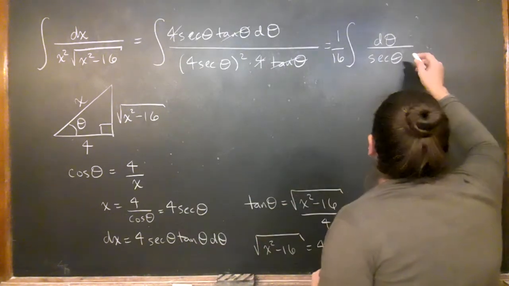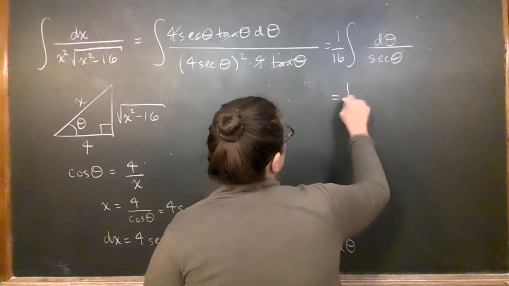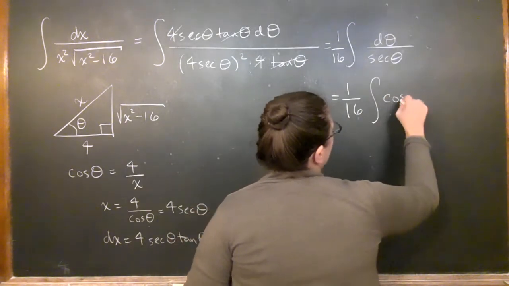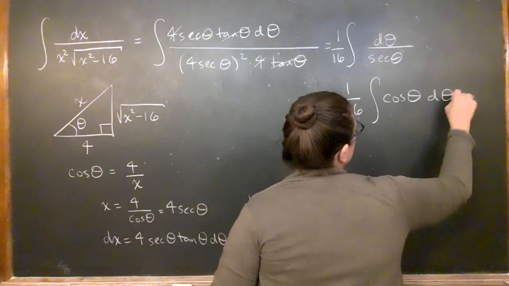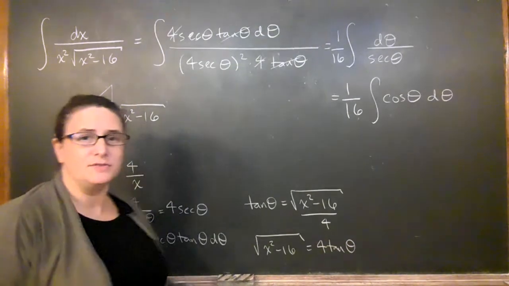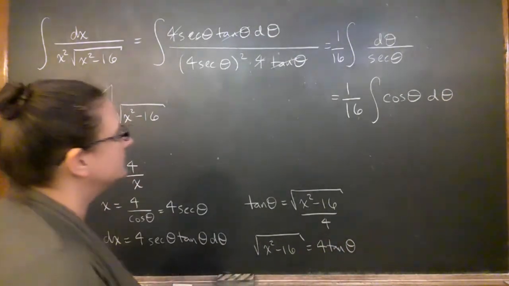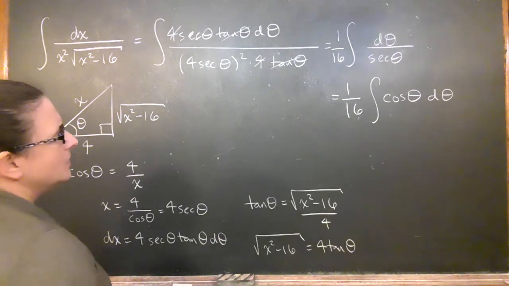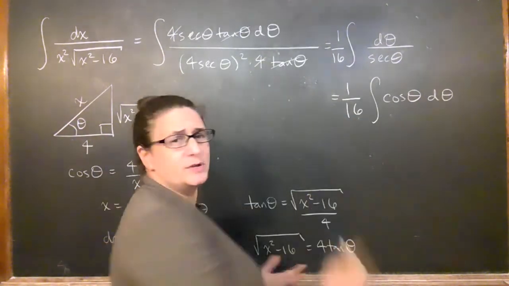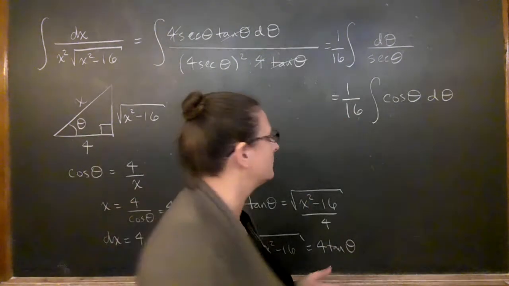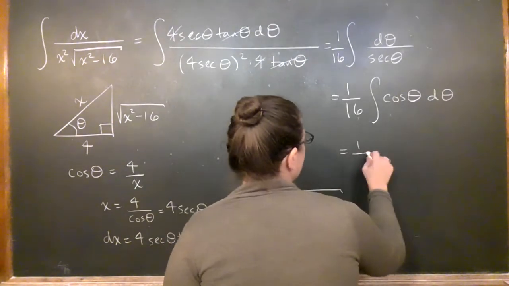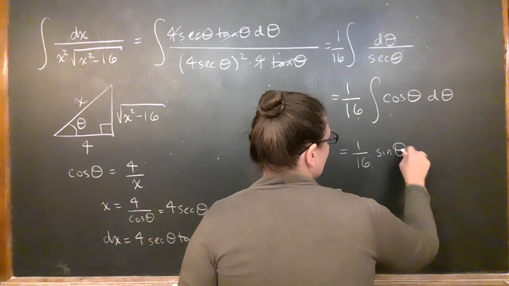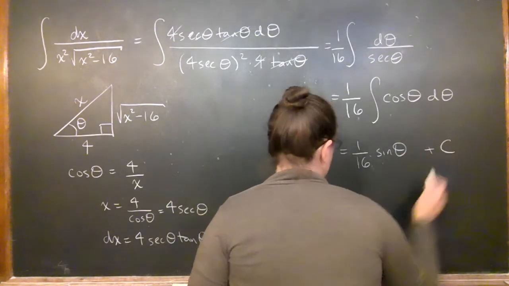But what is that, right? It's actually 1 over secant theta. This is just cosine. So after all of that, everything canceled out pretty nicely there. And then I end up with this integral, which is super easy to do, right? So I just get sine of theta here. And I'll throw my plus c so I don't forget.